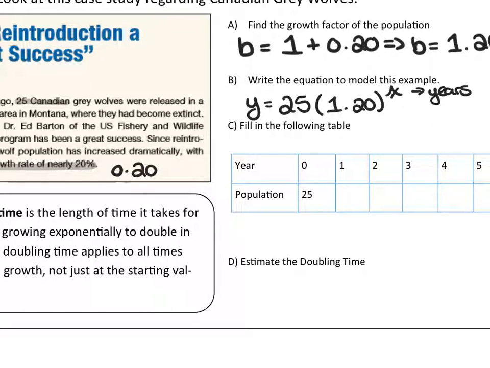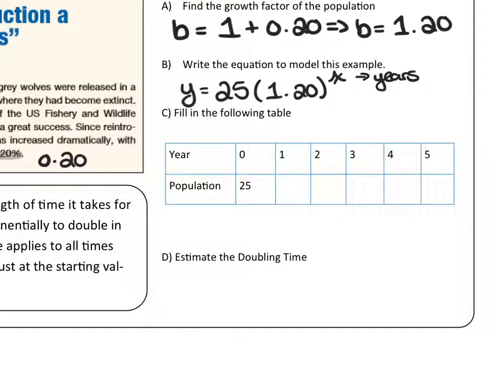Fill in the following table. We're going to see what happens to our wolf population as time goes by. In this case, I'm going to put 1 in for the exponent, and I'm going to calculate it. After 1 year, we have 30 wolves. I'll keep filling it in. 2 years, I'll have 36. 3 years, you'll get 43.2, but because we can't have half of a wolf, we'll just round it to 43.